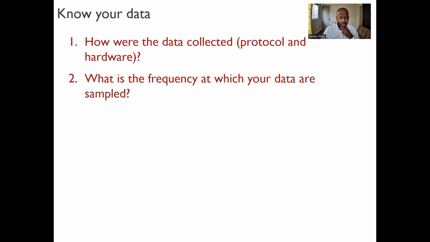You want to make sure you understand how frequently your data or your measurements were sampled. So for instance, if you have EMG data, it might be sampled at a rate of 2,000 hertz, so 2,000 samples per second. Or maybe you're looking at data from some wearable sensor that's sampled at a really odd frequency that's particular to that device.